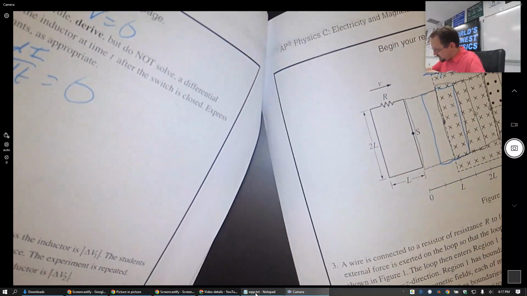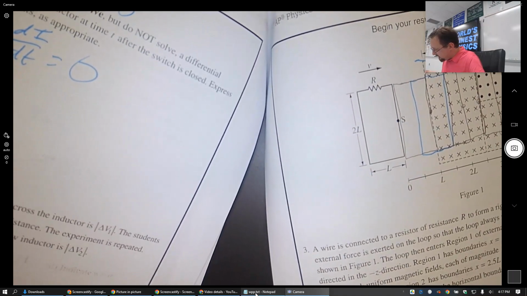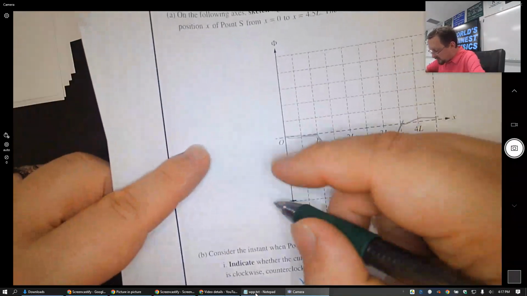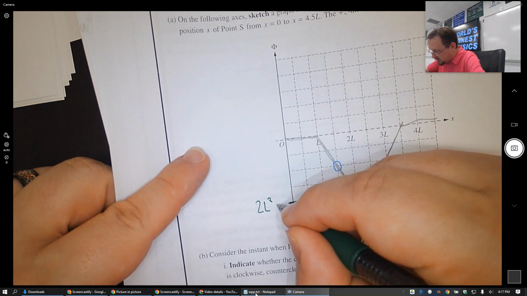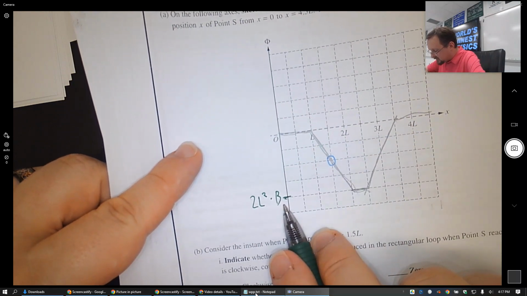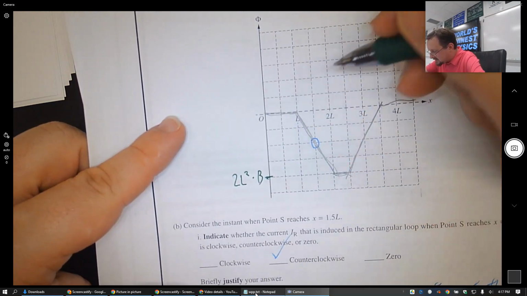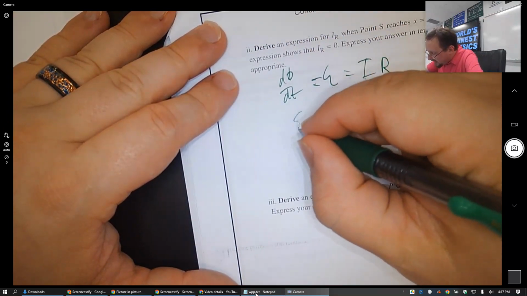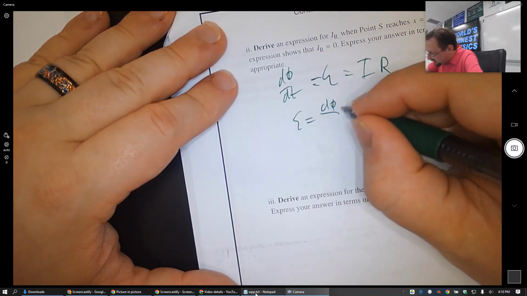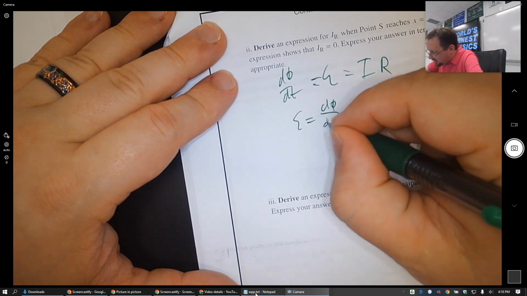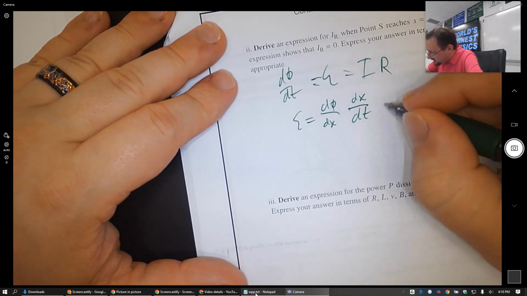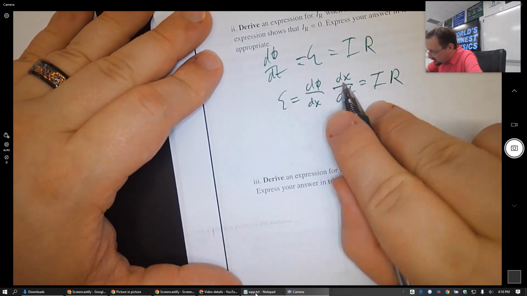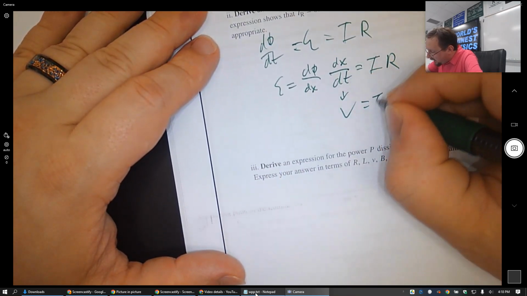That would be 2L squared times B, since B is given. So this is not even d flux d time. How about EMF is d flux dx times dx dt equals IR. Chain rule.